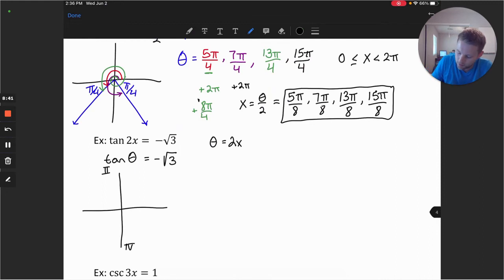And if we consider the places where our tangent is going to be square root of 3, this would be where we have a reference angle, and we'll call it, in this case, a reference angle theta hat at 60 degrees, or we could say pi over 3. So this is where we'd have a reference angle. And you can take a look at our unit circle. You'll find these angles.